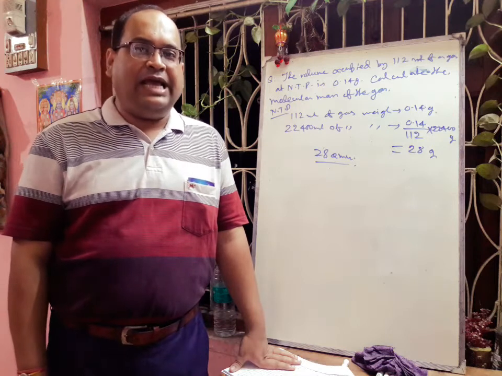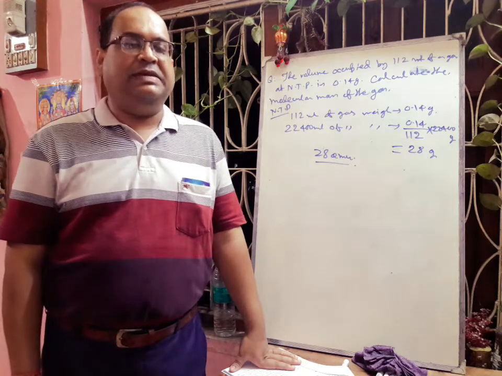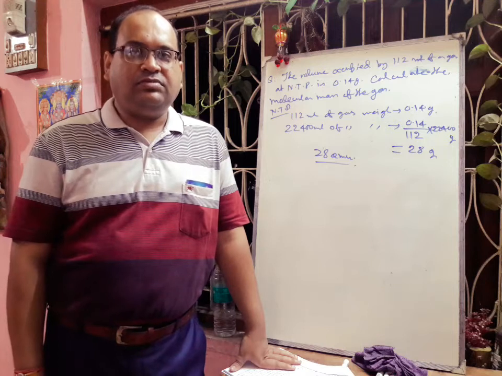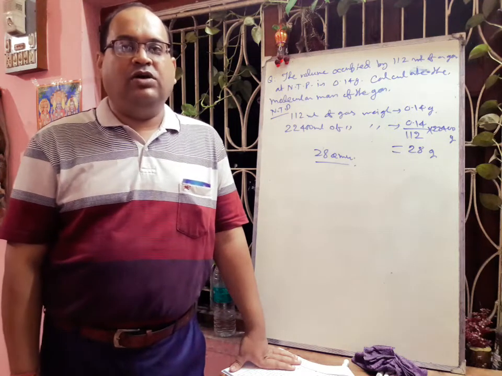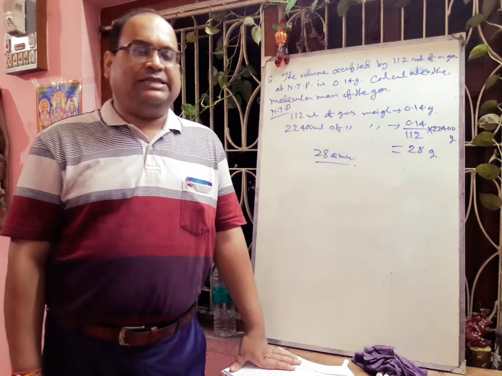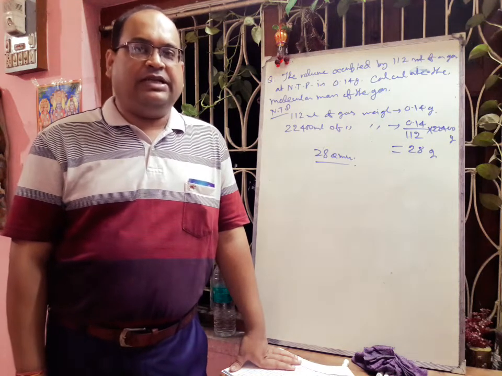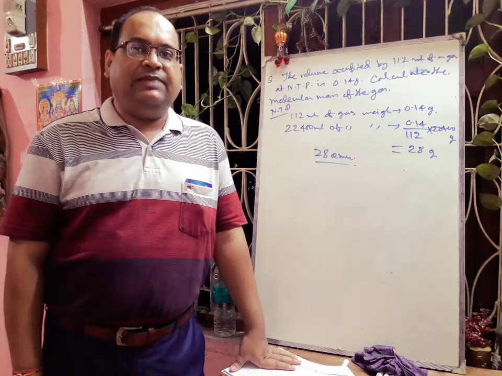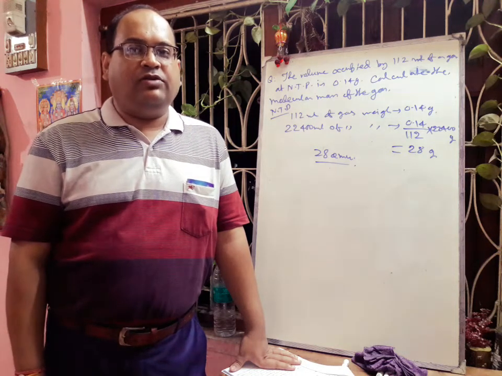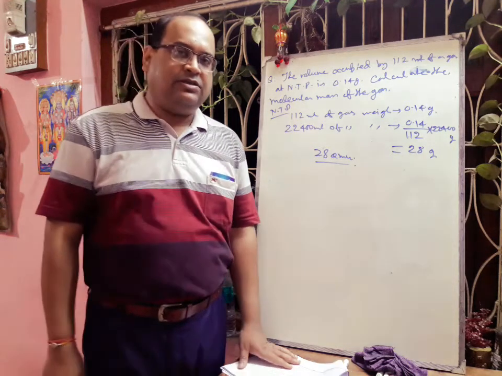The volume of dry air displaced is converted to volume at STP using the gas equation, that is PV is equal to nRT or P1V1 by T1 is equal to P2V2 by T2. Now this volume is equal to the volume of vapors at STP and its weight is equal to the weight of the volatile substance. From this the weight of the 22.4 liters of the vapor at STP is determined, and this is equal to the gram molecular weight, and we can easily calculate the mass of a gas.